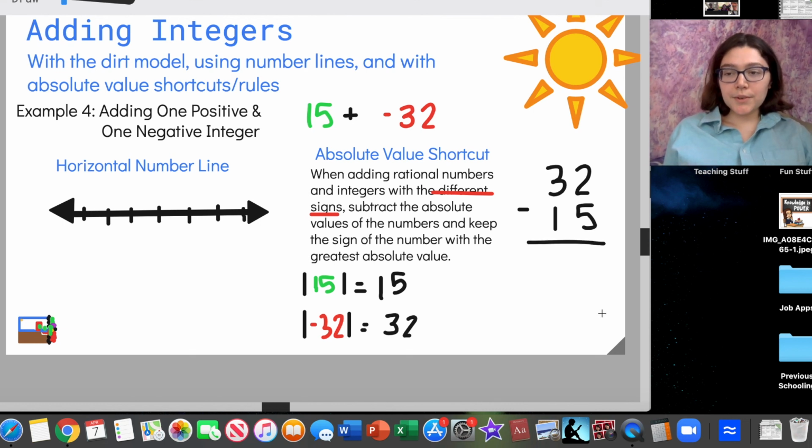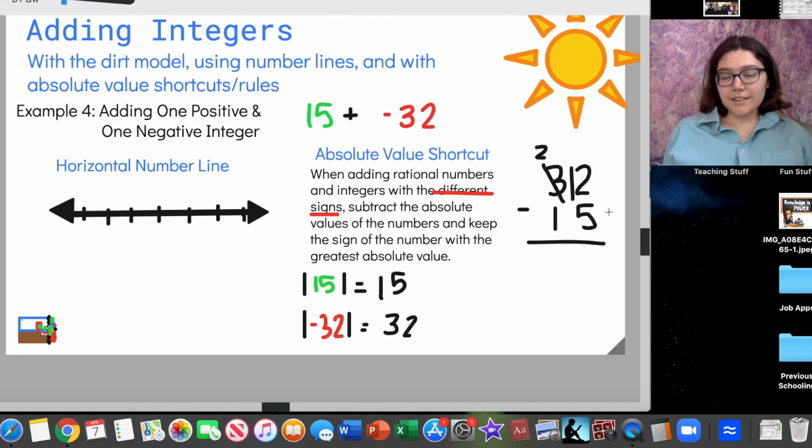Okay, quick review of how we do this. We're going to need to do some borrowing. So we look at our 1s and we try to do 2 minus 5. Okay, we can't do 2 minus 5. Actually, what we're learning now is telling us you can do 2 minus 5. You're going to get a negative number, but that's not really how the algorithm works. So we have to borrow from the 3. So you cross out the 3, change it to a 2, and carry a 1.